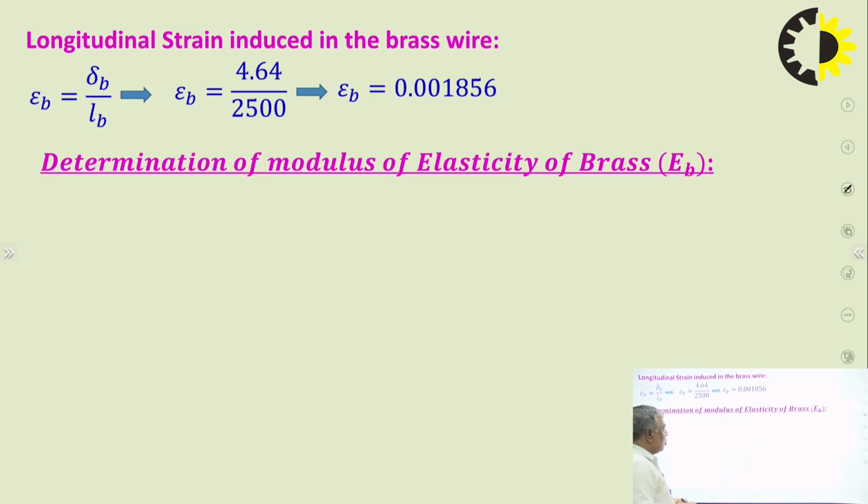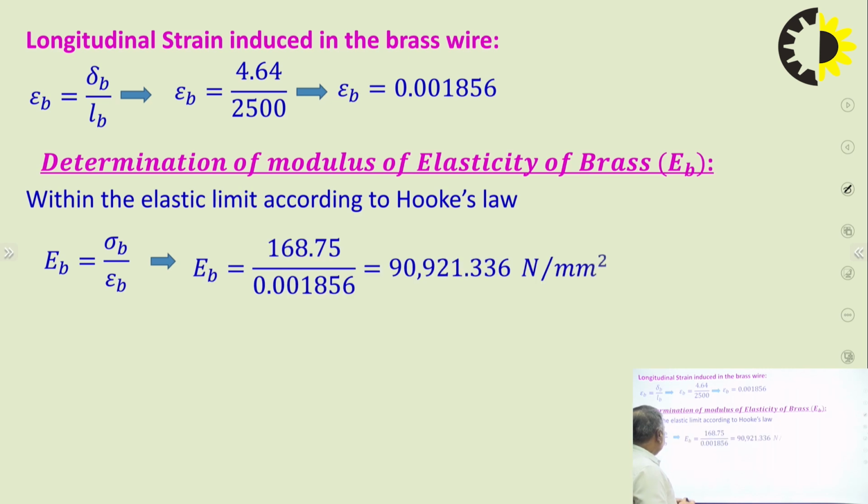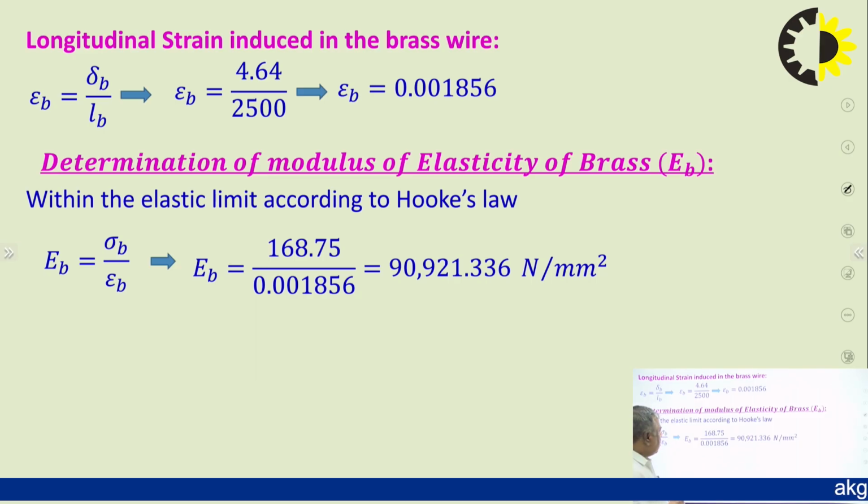So, determination of the modulus of elasticity of the brass wire: sigma is equal to epsilon B into EB. So EB is equal to sigma B upon epsilon B. Sigma B is known, epsilon B is known. Just put the values in this expression: 168.75 divided by 0.001856, and it comes out to 90,921.336 Newton per mm square.